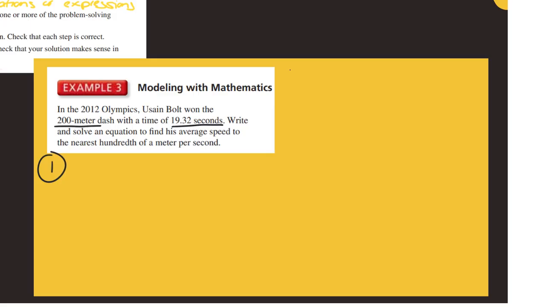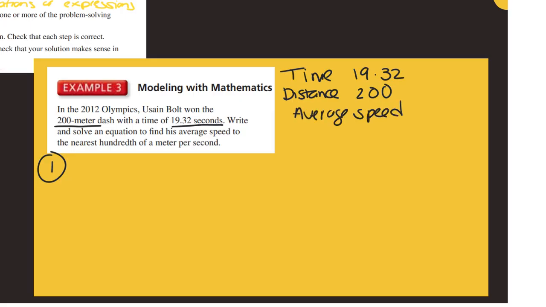So we have time given, which is 19.32. We also know the distance, which is 200 meters, correct? So we are now being asked to find the average speed, to the nearest hundredth.